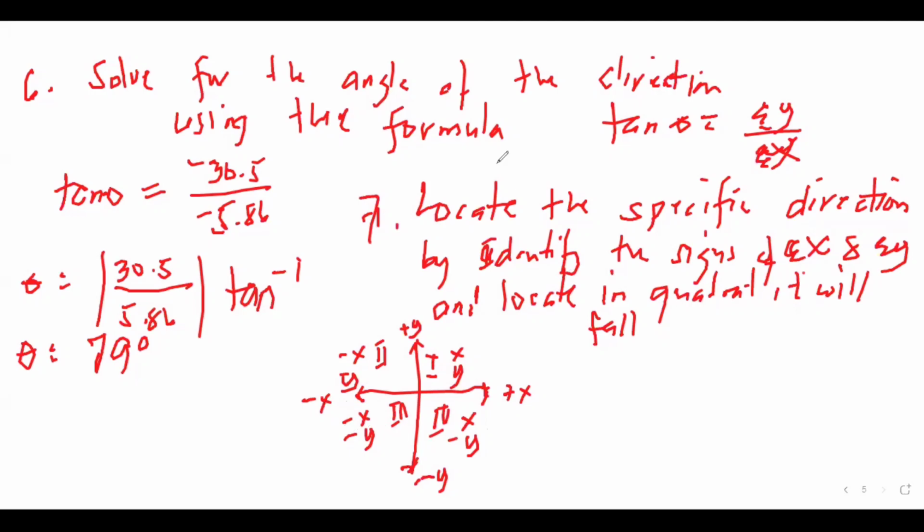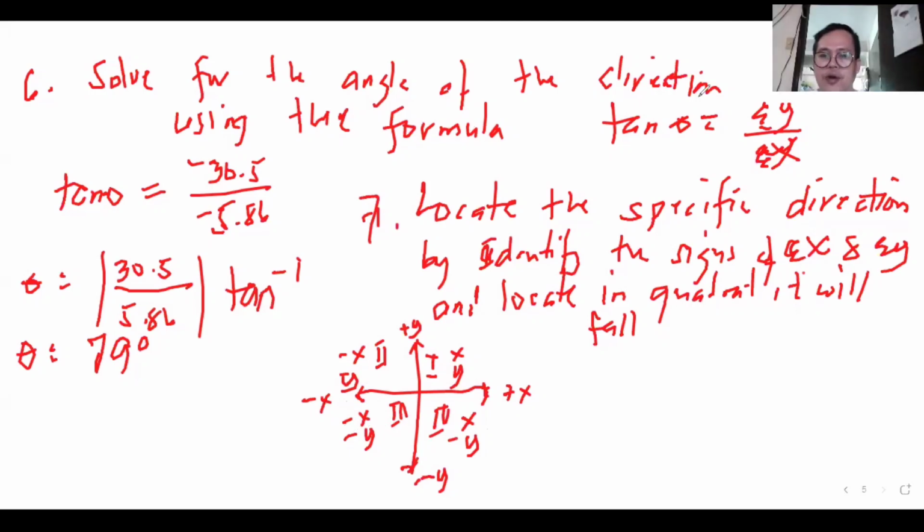So it falls in the third quadrant. Therefore, the vector falls at the third quadrant. In the third quadrant there are two directions: west of south, right over here, and south of west. So how do we decide? Just remember, if it is in quadrant 1, it is north of east.